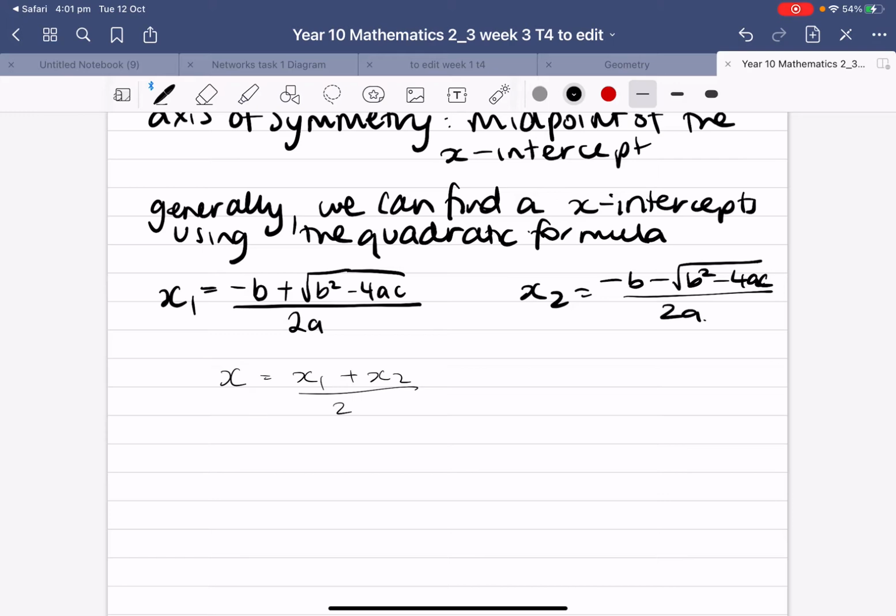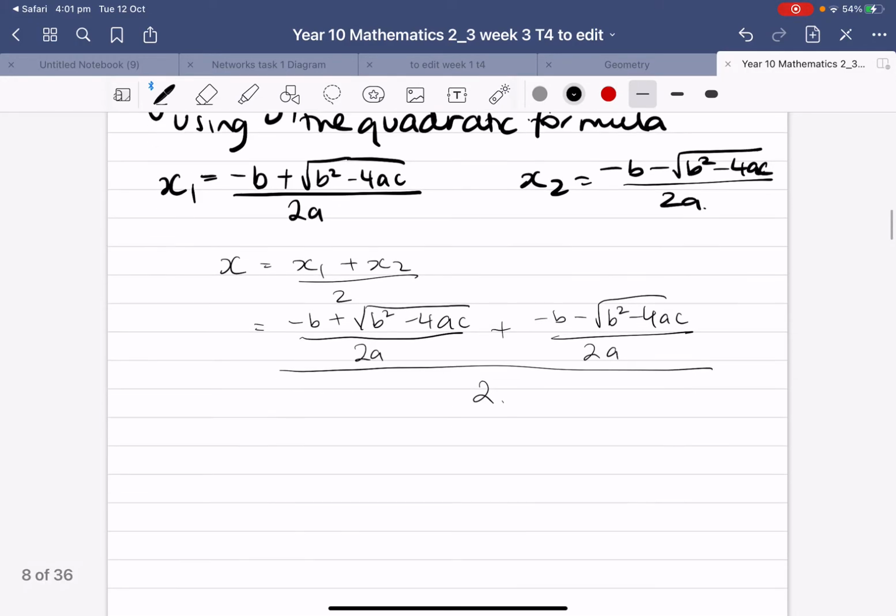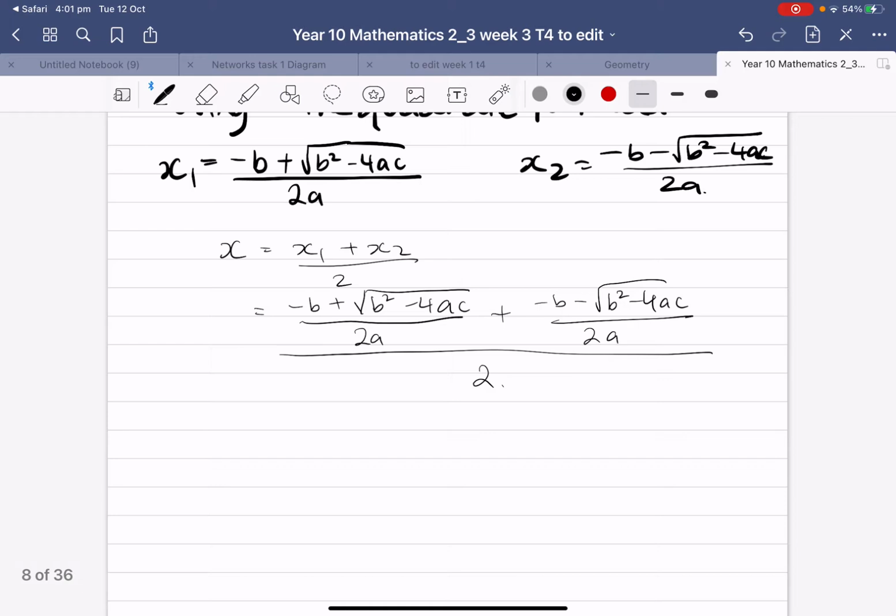Let's substitute the quadratic formula. It's going to be a bit messy, but let's work with it. It's going to be negative b plus the square root of b squared minus 4ac all over 2a plus negative b minus the square root of b squared minus 4ac all over 2a, and this is all over 2. Okay, so let's try and combine these together.